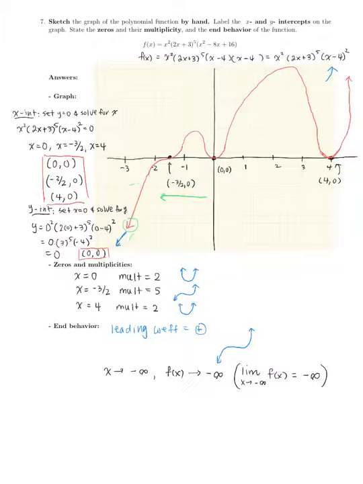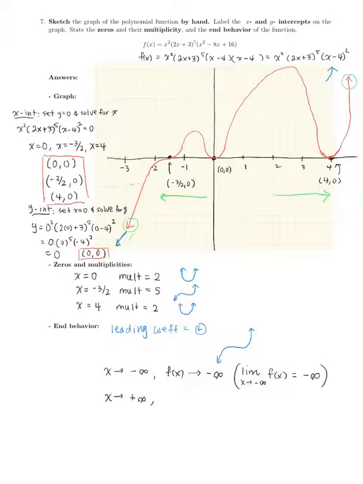All right, now let's take a look at the end behavior on the right. As x goes to positive infinity, now we're looking at this direction. Where does the tail end of the graph go? Well, as x increases, the tail end is going to shoot up to positive infinity.